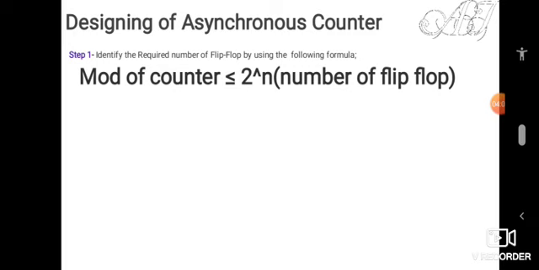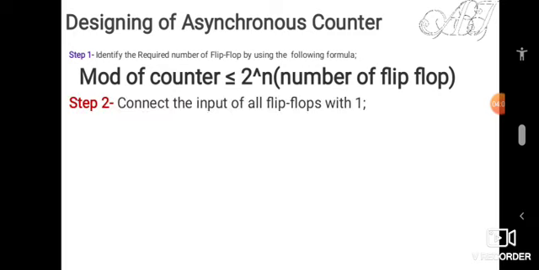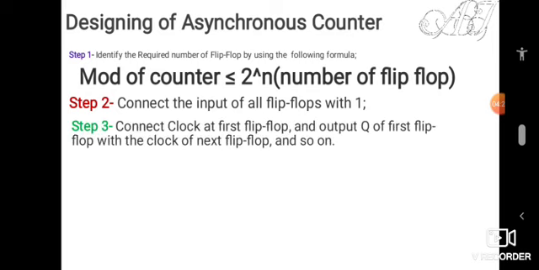In the second step, let's say I have identified that I need n number of flip-flops to design a particular mode of counter. I will take those flip-flops and connect the inputs of those flip-flops. In the third step, we will provide the clock to the first flip-flop, and the clocks of the other flip-flops won't be connected with this clock.